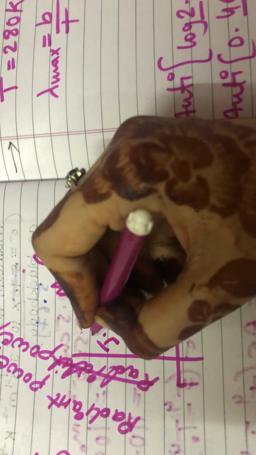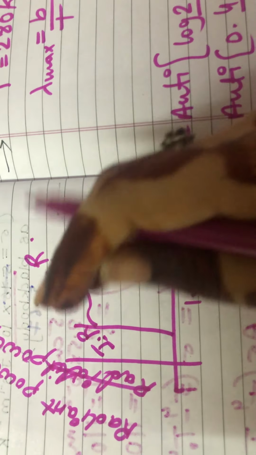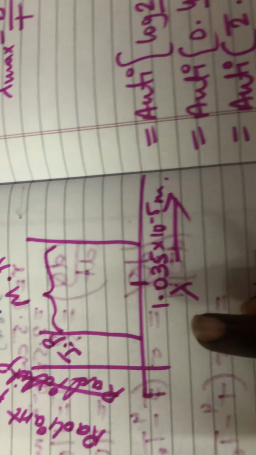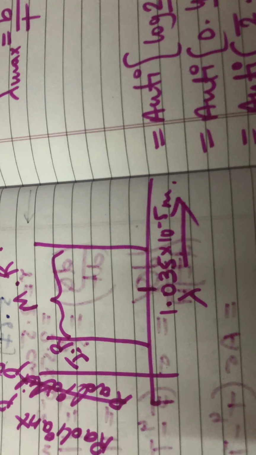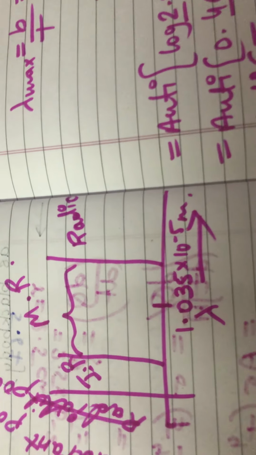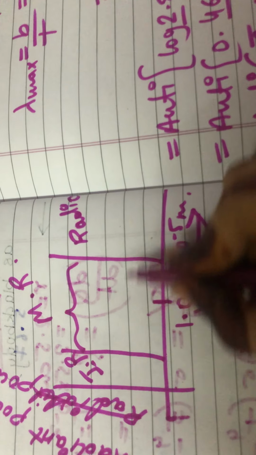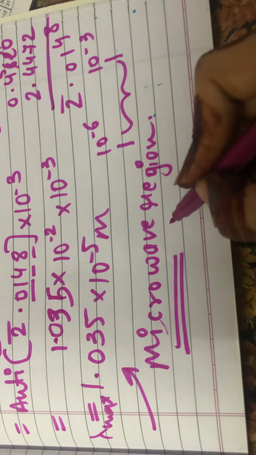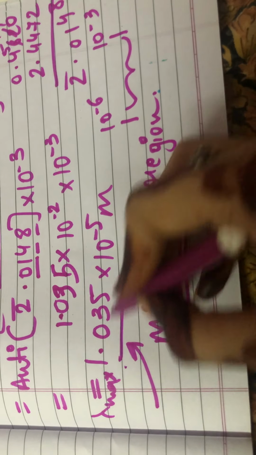Before the microwave region is my infrared region. After the microwave region we have FM radio. We are in the microwave region, where the value is maximum at this point.